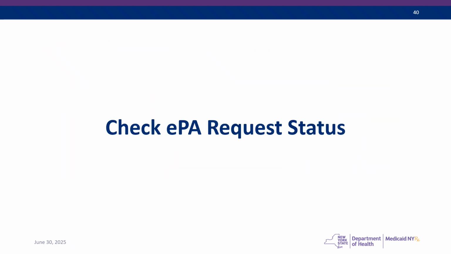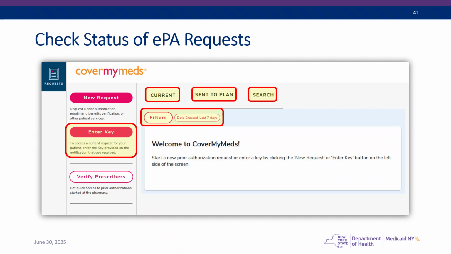Next, we will talk about checking the status of an ePA request. There are several ways to check the status of an ePA request. If you want to check the status of a specific request, you can use the Enter Key function highlighted in the left panel by entering the 6 to 8 character alphanumeric code assigned to that request.